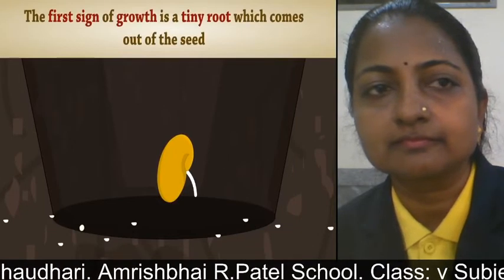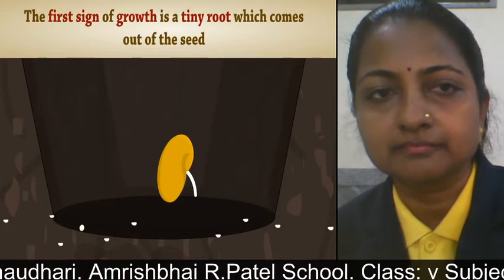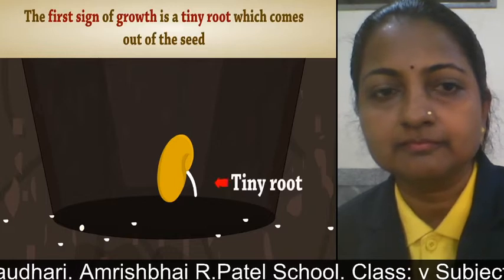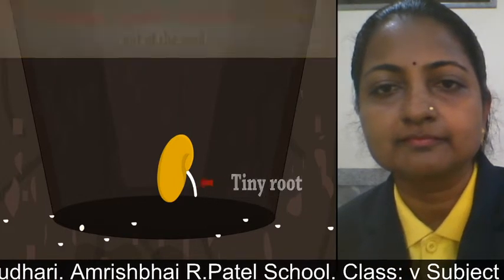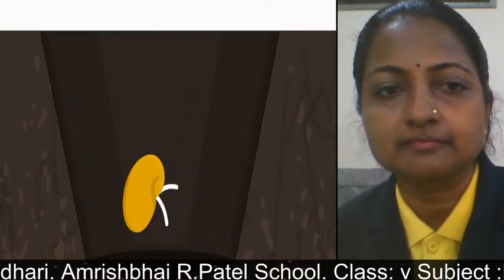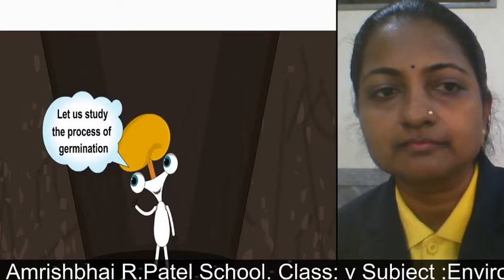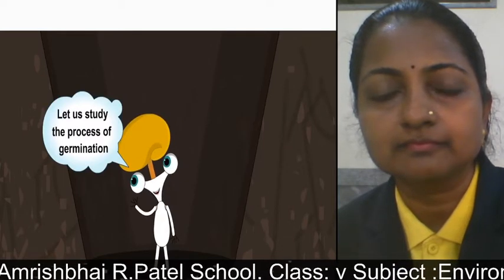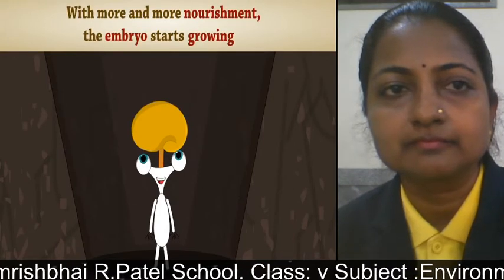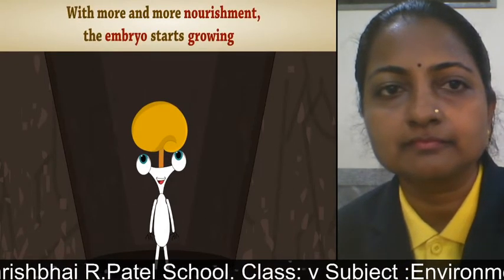The first sign of growth is a tiny root which comes out of the seed. Hey, I am Mr. Root. Let us study the process of germination. With more and more nourishment, the embryo starts growing.